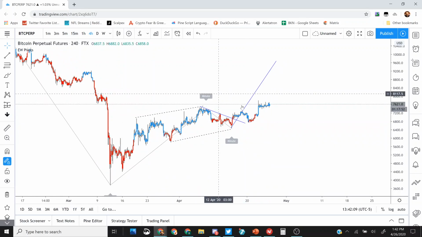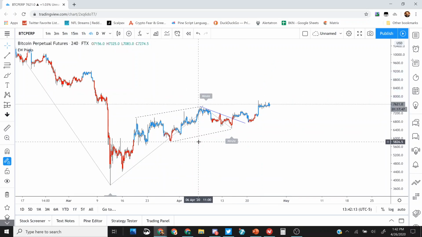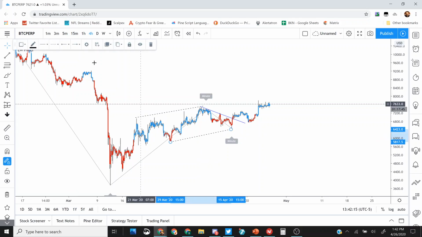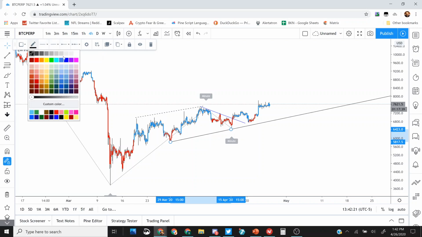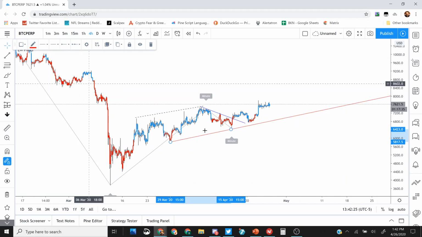So for now, I'm watching a couple trend lines. I'm also watching the 1 hour and 4 hour MACD. This trend line here will be important. Let me make it red, because if we break it, that's bearish.